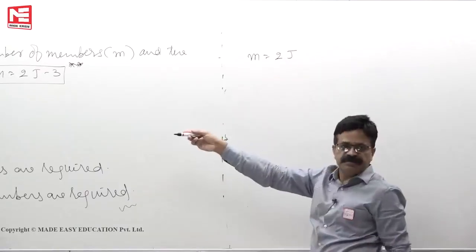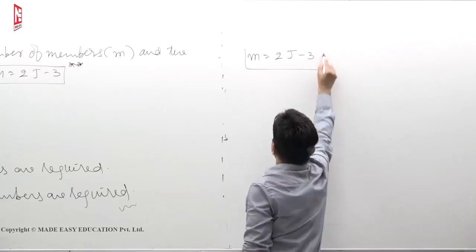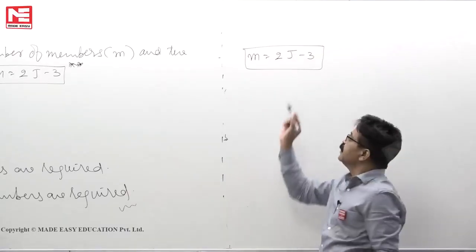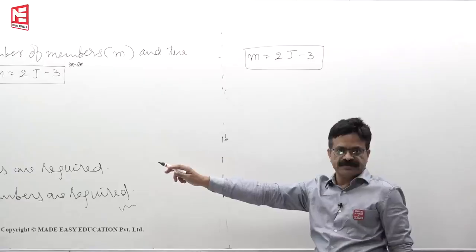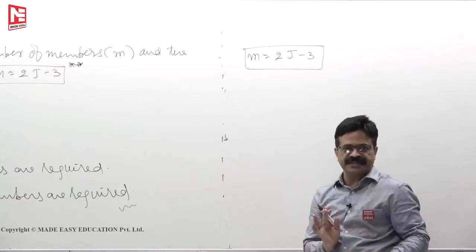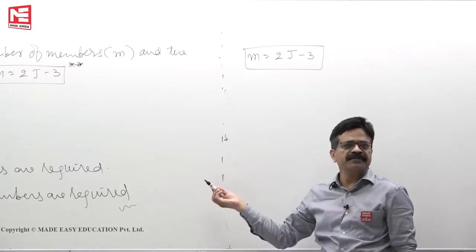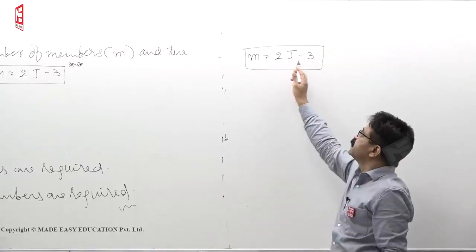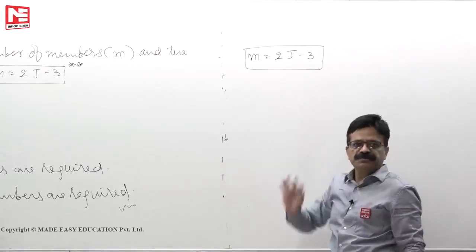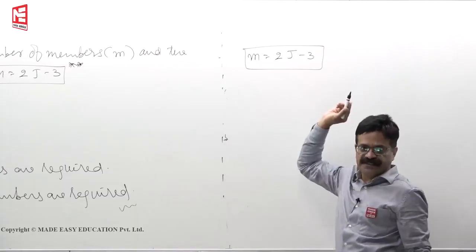So instead of 6, 3 members only are there. So, subtract that 3. Now, this equation is useful for the first 3 joints also. That 3 comes from that. For each additional joint, you require 2 members except for the first 3. For the first 3 joints, instead of 6 members, you are having only 3 members. So, that 3 you subtract, 2 into 3 means 6, 6 minus 3, 3. So, now equation tallies, 2 statements are satisfied with this mathematical statement.